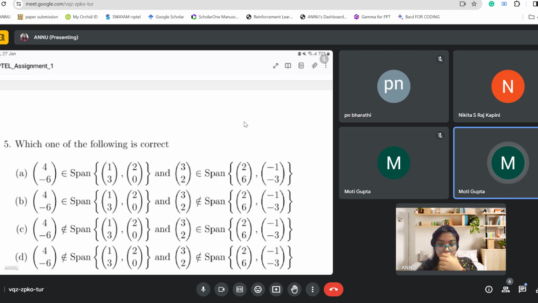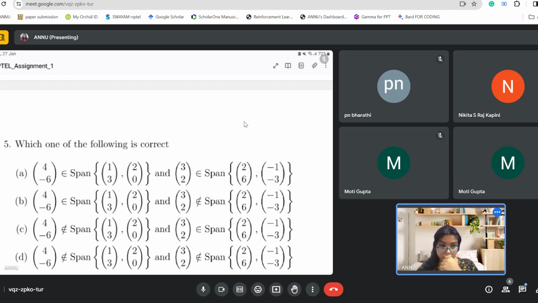Just check whether the linear combination of these vectors leads to that particular vector or not. If it is yes, then it is in the span.